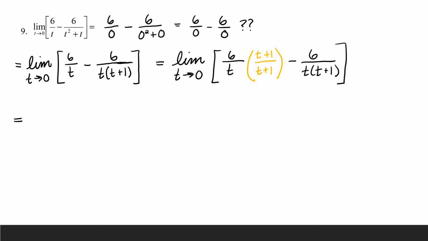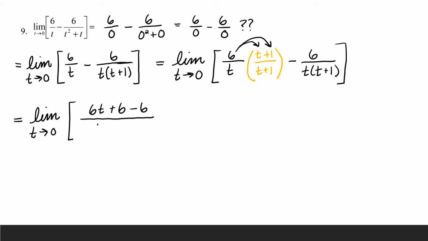I'll need to remember to distribute this 6 as I do this, and I will end up with the limit as t approaches 0 of, well, this numerator will be 6t plus 6, and then I have this minus 6, all over my common denominator, which is t times t plus 1.